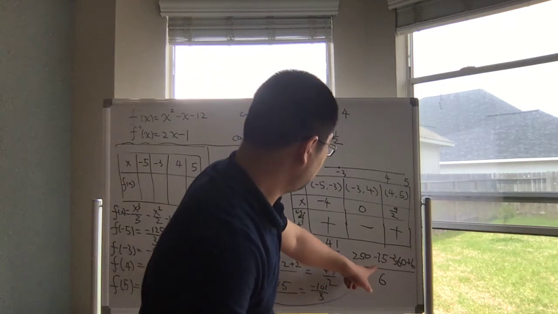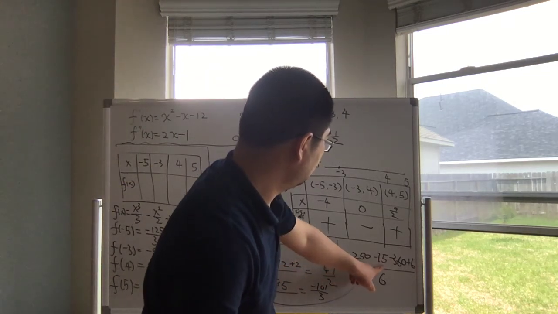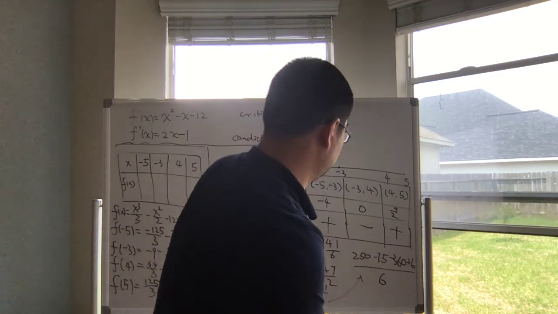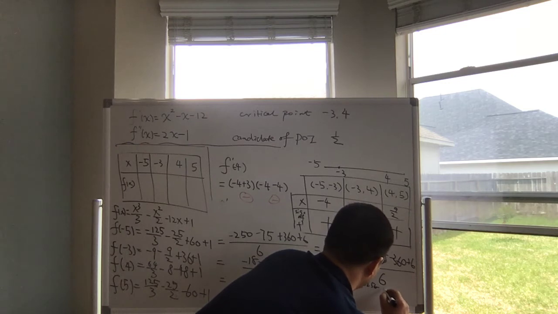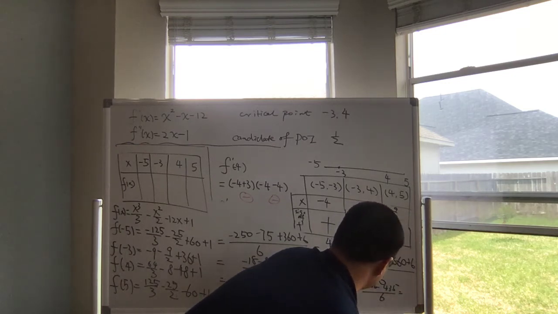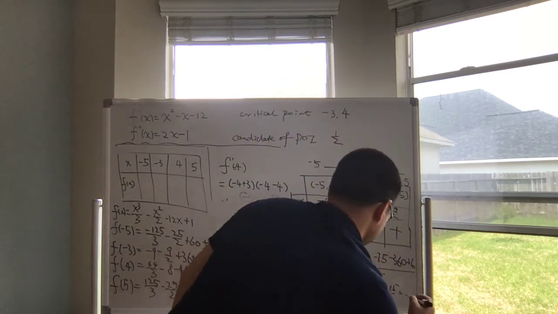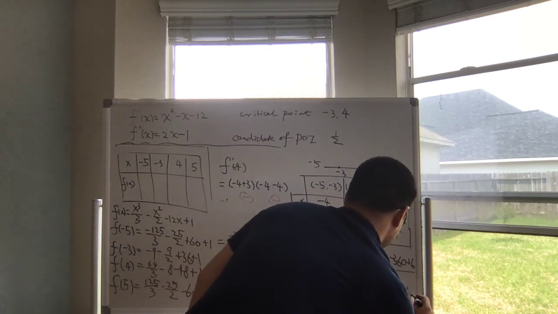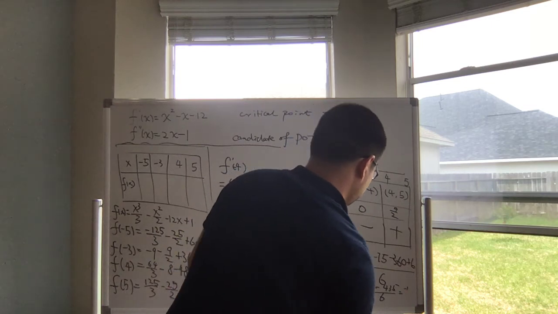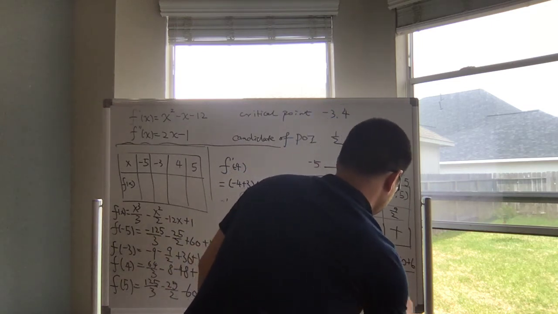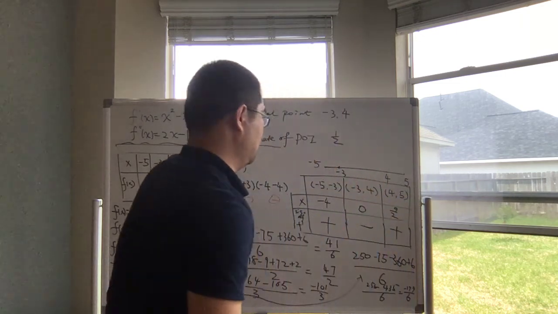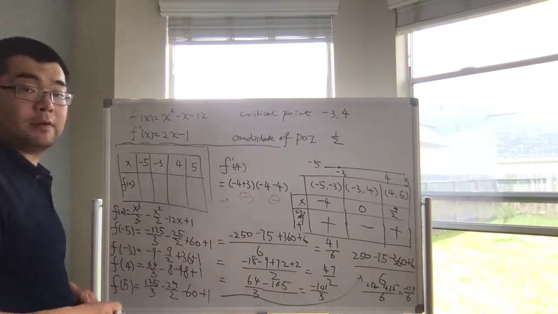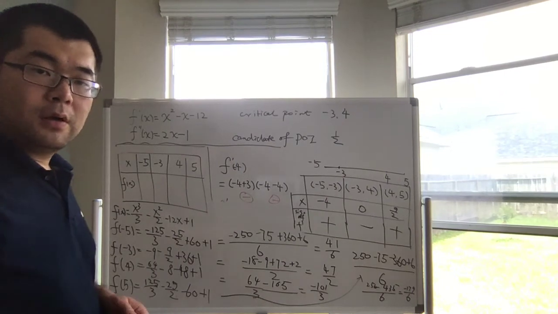So we have negative 256 minus 435 over 6, that's going to give you negative 179 over 6. Okay, I believe that's all the calculations.